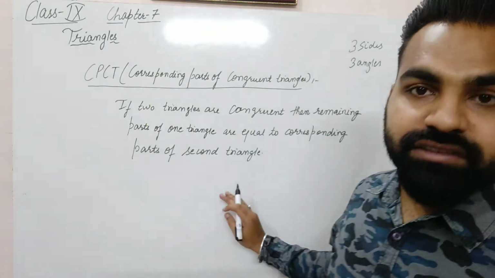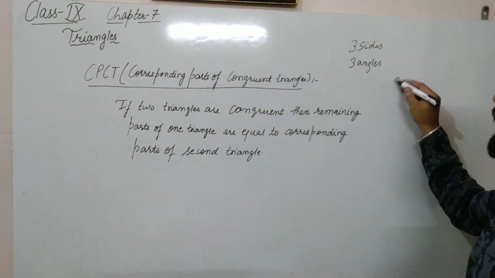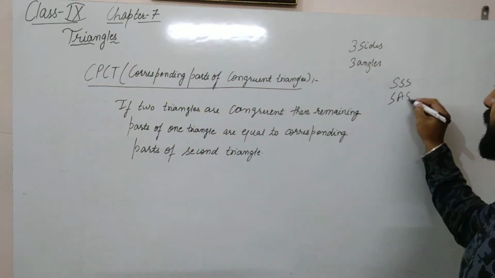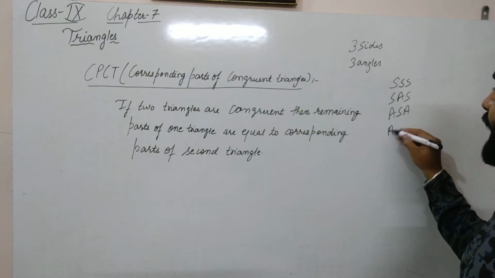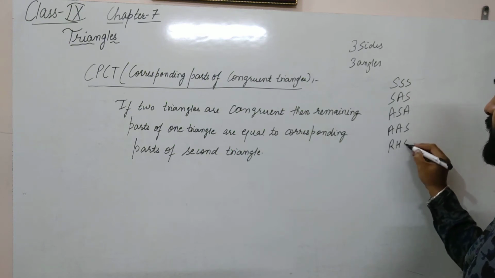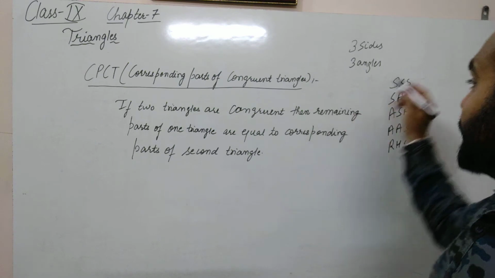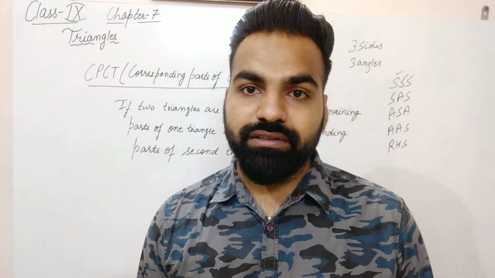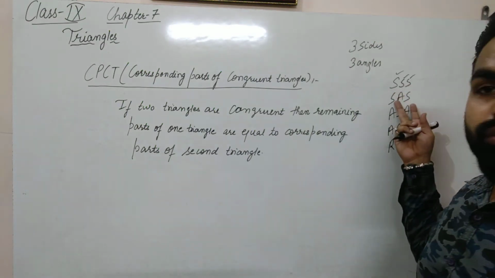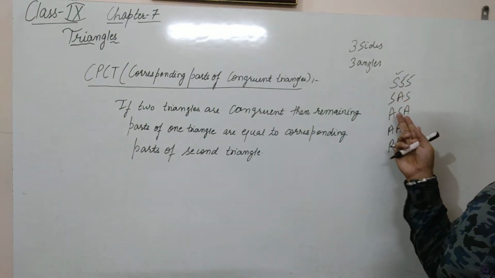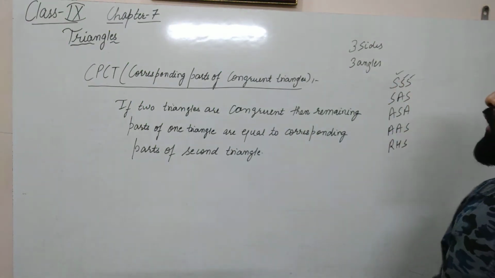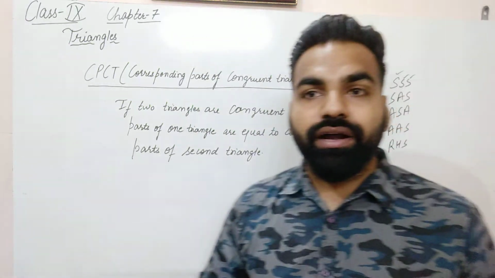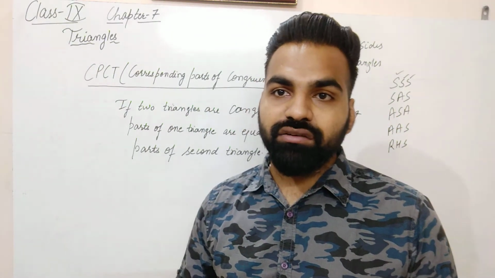But we have just seen that in all the rules SSS, SAS, ASA, AAS and RHS, we need only 3 parts to prove the congruency of triangles. Here 3 sides, 2 sides and 1 angle, here 2 angles and 1 side, and so on. So only 3 parts are required to prove the congruency of triangles.